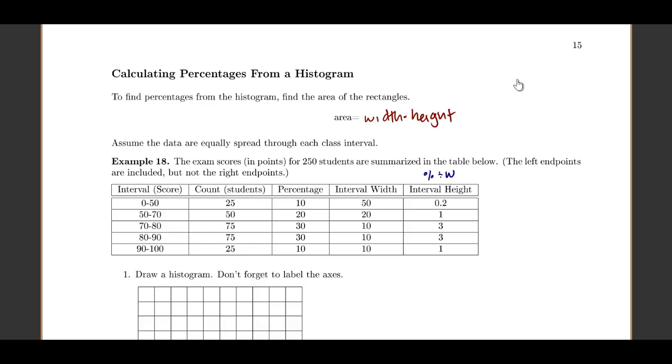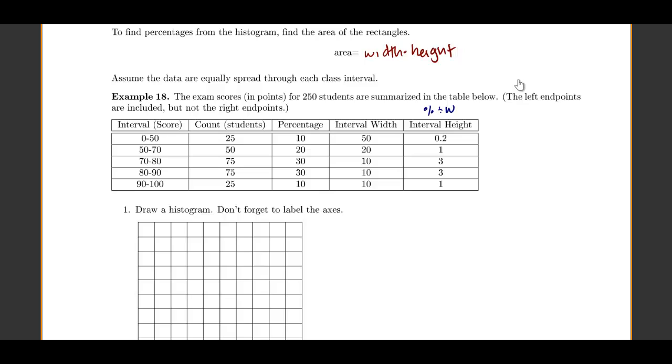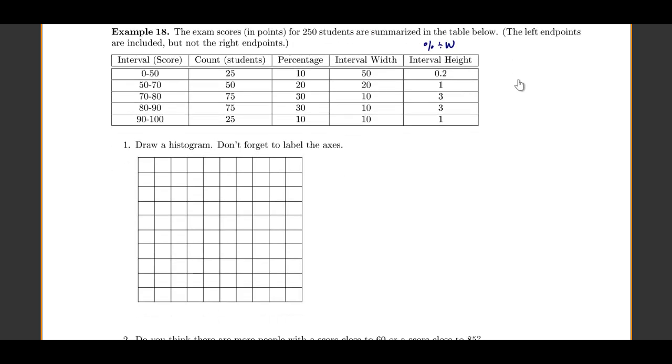So let's first draw a histogram, and we don't want to forget to label our axes. So my x-axis would be my units that I'm measuring in, my points for the exam score. And I'm going to use a scale of 20.